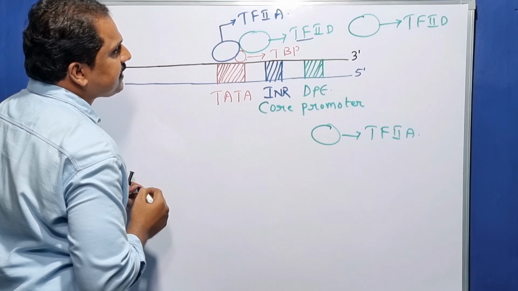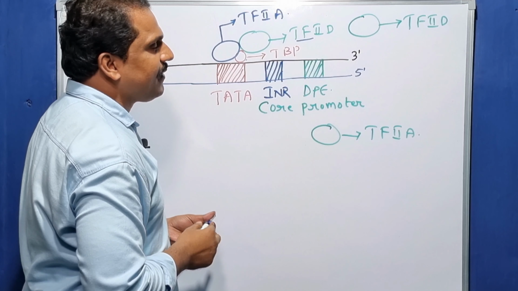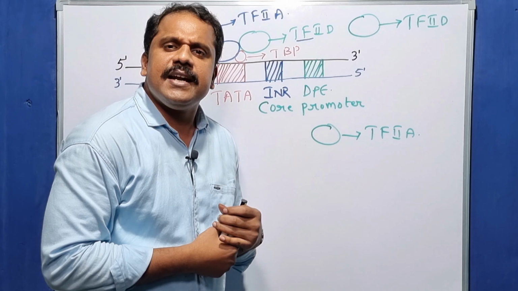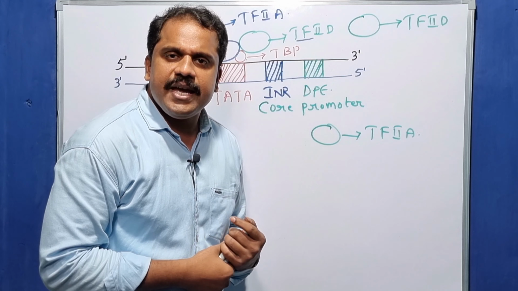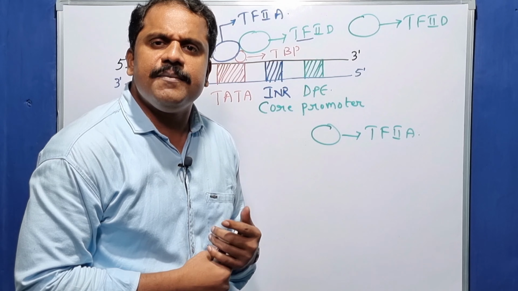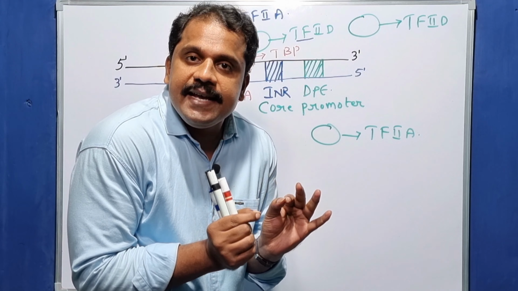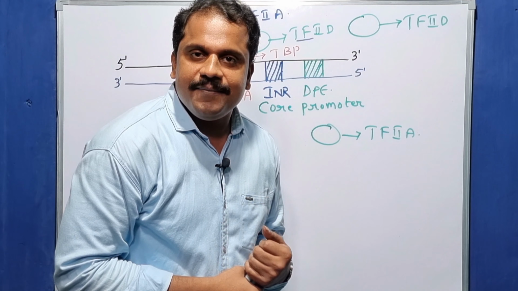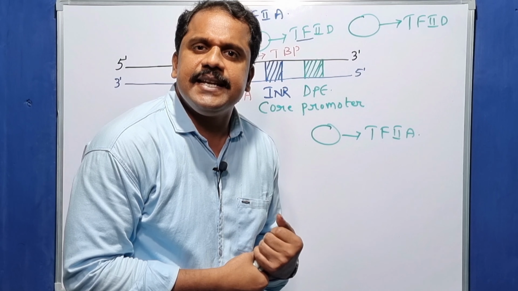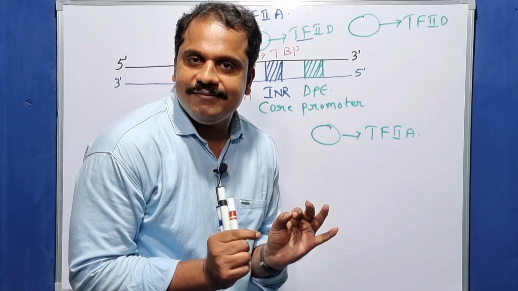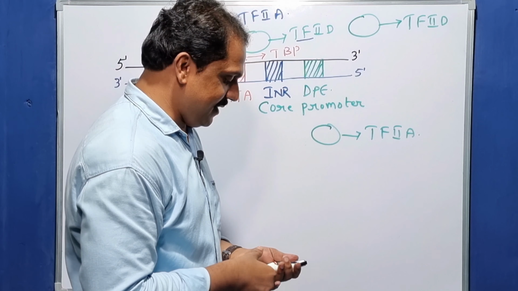After the successful recruitment of TFIIA, in the very next step of the transcription mechanism in eukaryotes, the process takes advantage of one more other factor, and that specific factor is nothing but what? TFIIB. Is it clear? So let me write it here. What is it?